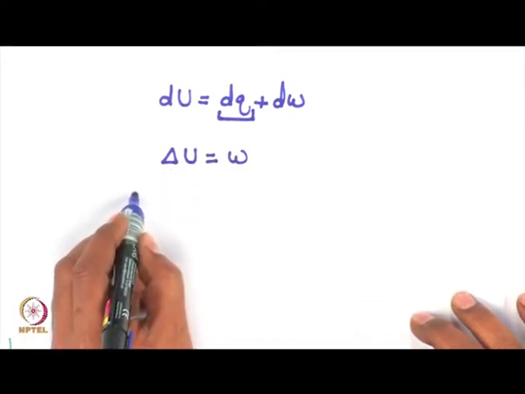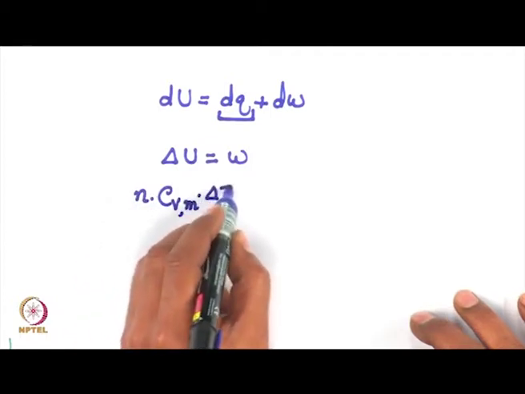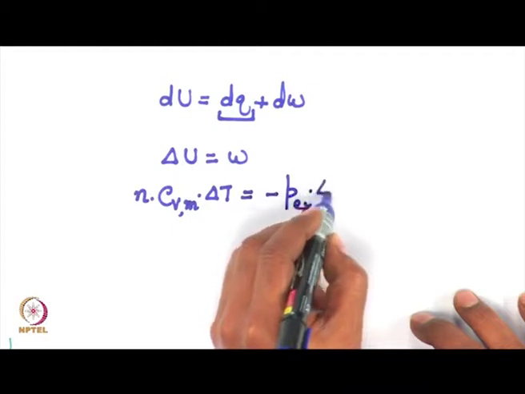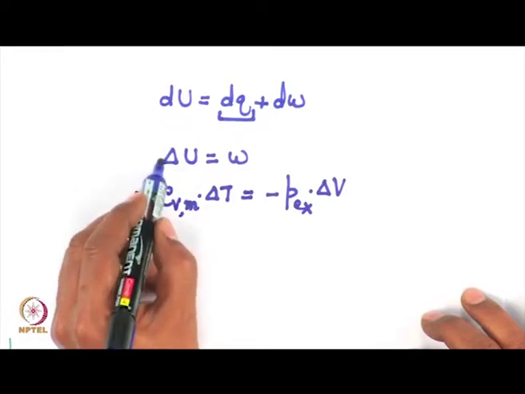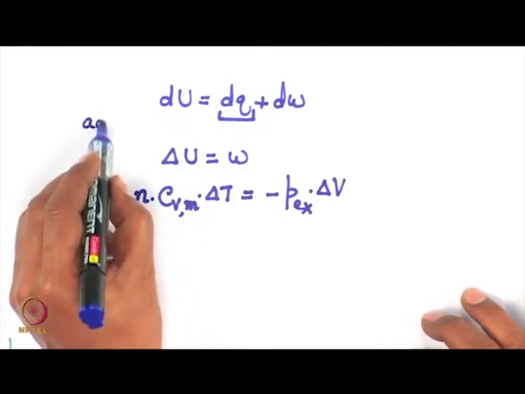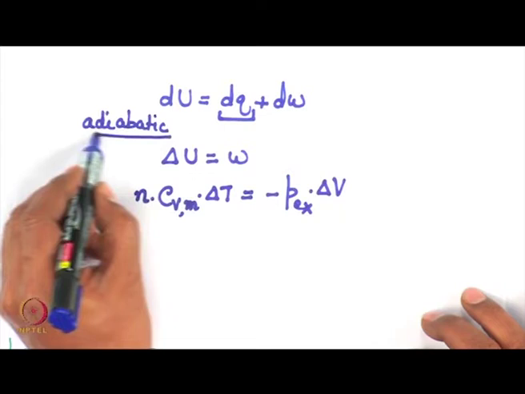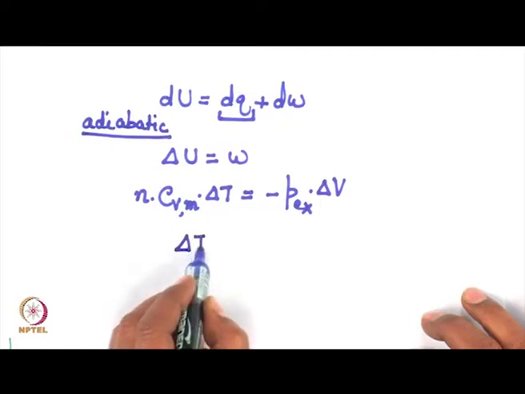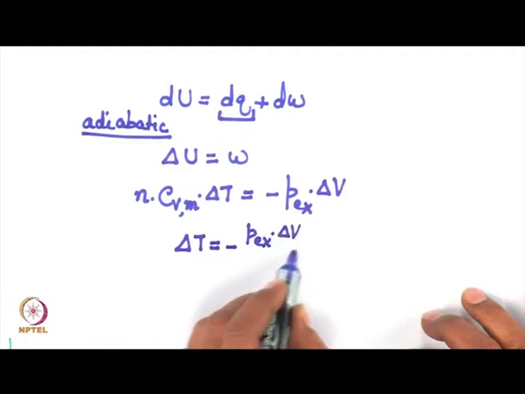For delta U I can write n times CVm times delta T, as we just discussed, and w is minus P external times delta V. From this step to this step, what we assumed is that the process is adiabatic. From this expression, I get delta T is equal to minus P external times delta V divided by n times CVm.